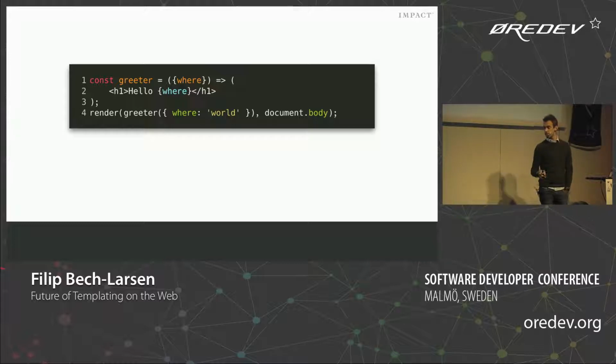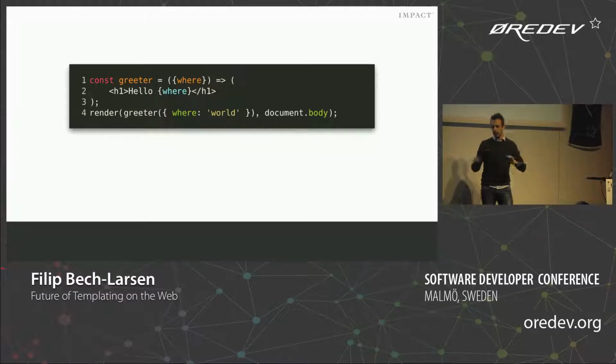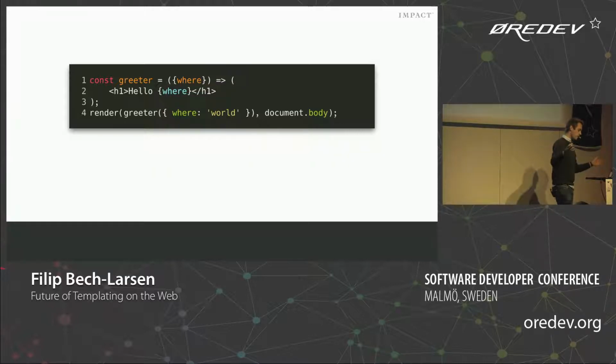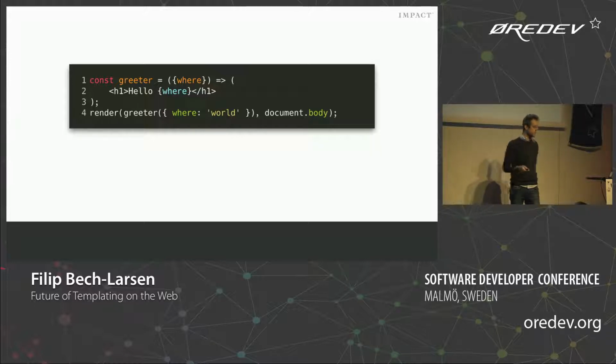If you don't know JSX, as we saw, the UI is a function of the state. So here we have the greeter, which is the UI, which is a function that takes the where state and puts it inside here, and it just returns immediately the h1 tag with the where inside of it. And we use single brackets here, whereas if it was Handlebars, it would have been double curly brackets, but it's just a syntax thing. It's pretty similar in the way you use it.